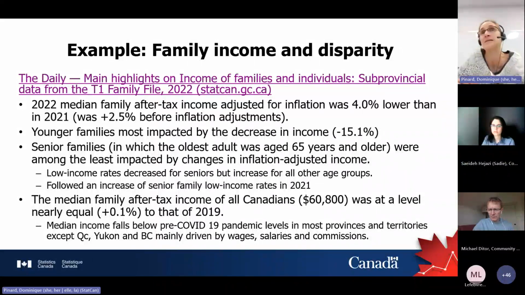I know that the Canadian Income Survey also releases some statistics about childcare expenses. And another data source, the Survey of Household Spending, releases data on childcare expenses. These three data sources express their statistics using various denominators. For the Survey of Household Spending, it's per household.